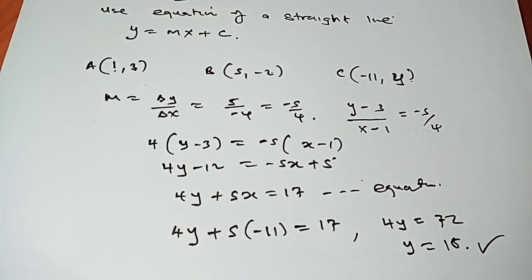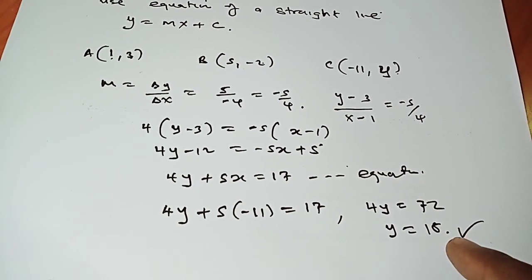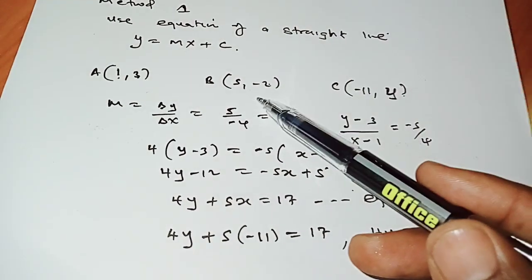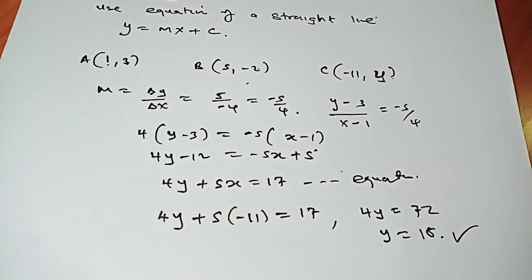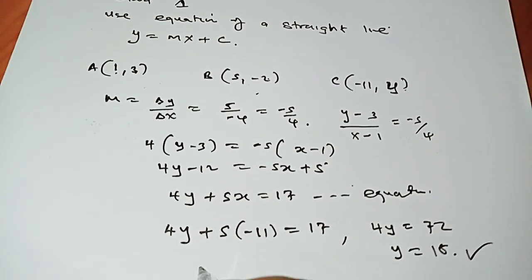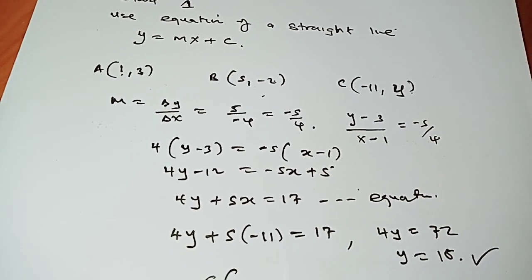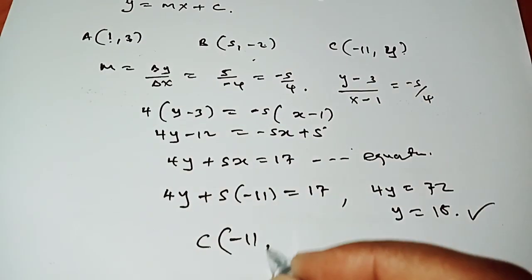So the first method has yielded y equals to 18 if at all this point, that point, and this point are collinear. Y must be that. So the coordinate of C should be C(-11, 18). So that's the first method.